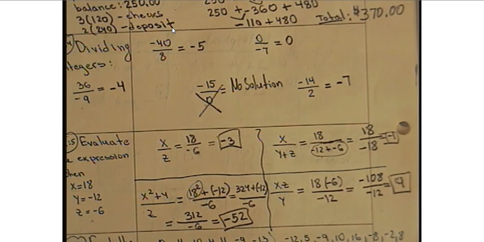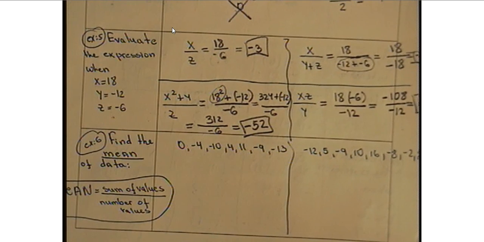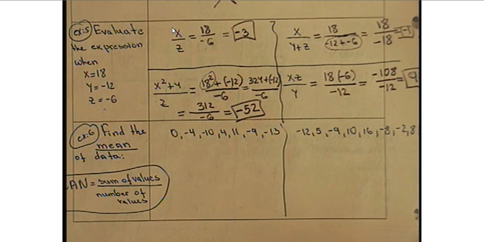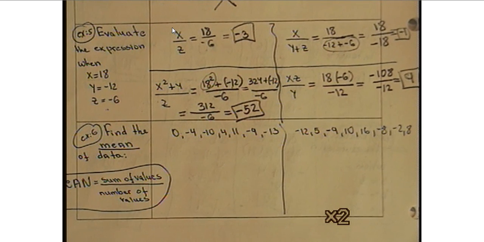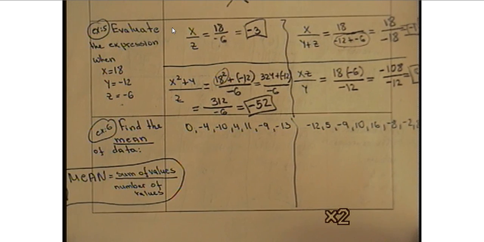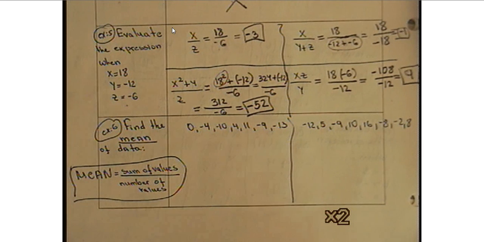Final example: part of this lesson is to calculate the mean, or the average, of data. Sometimes we have given data, a bunch of numbers, and they're asking us what will be the average of that. What is the mean of these numbers? One of the good examples for that is, let's say we have some test scores and we want to know how the whole class did overall.